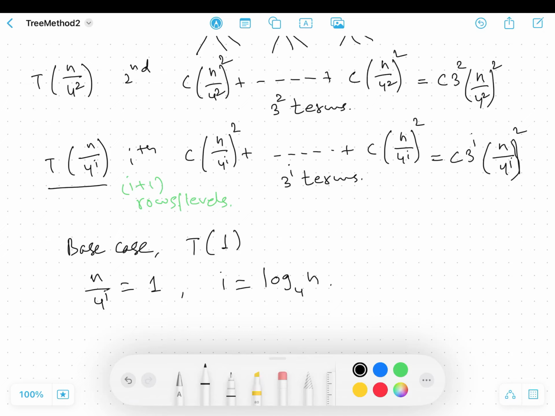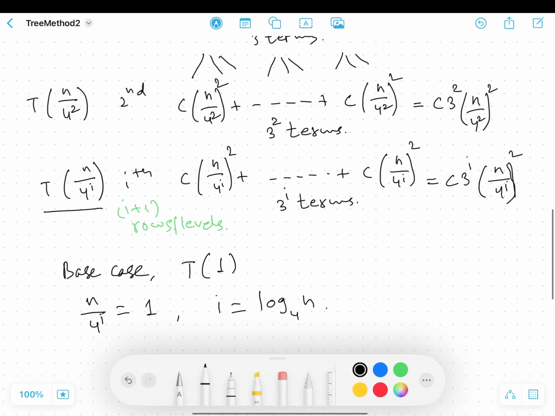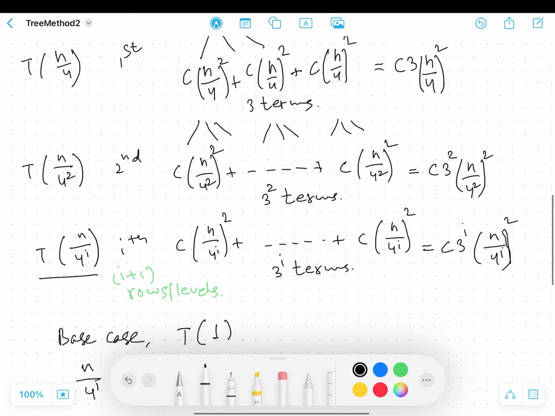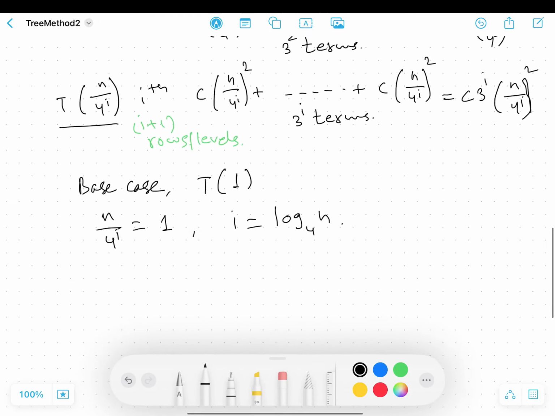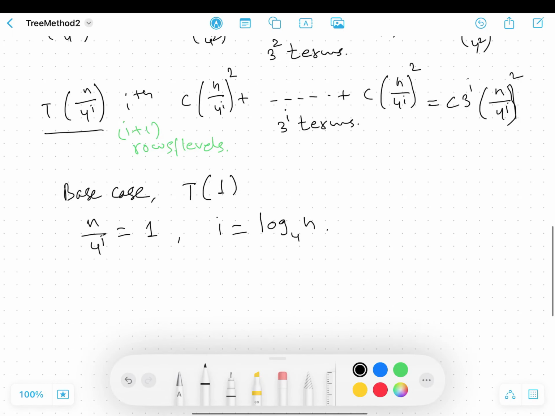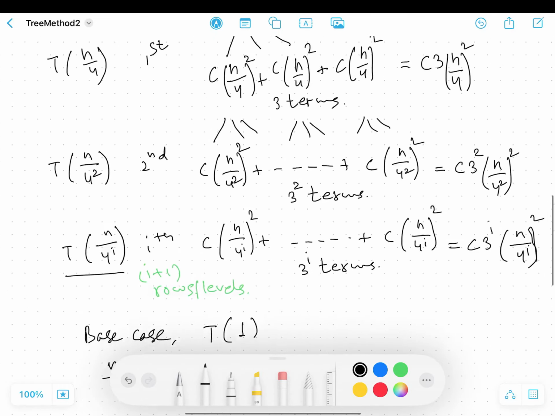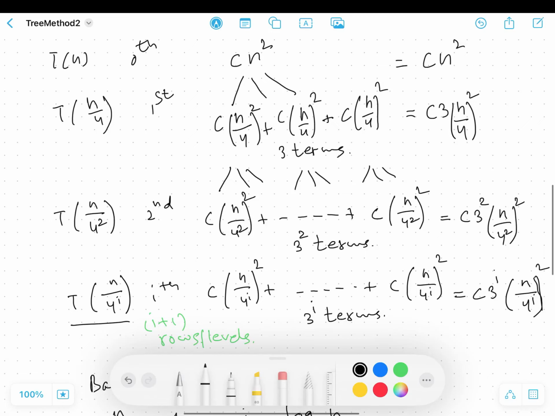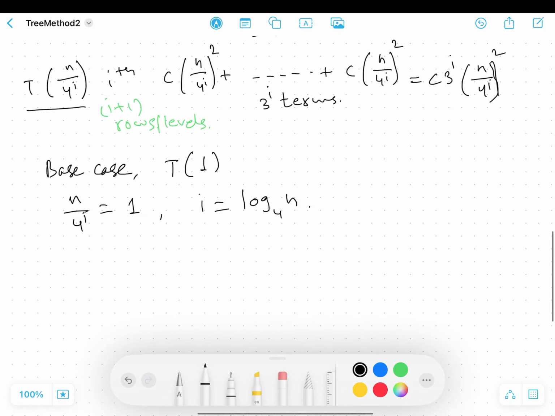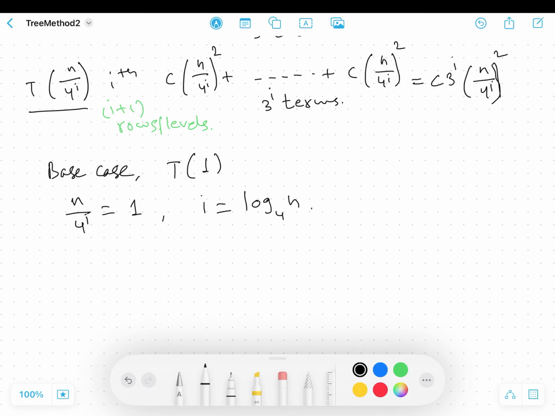Now we are going to solve this problem in a little bit different way. If you see the series is coming out to be like this. Okay, let's see how the series looks.